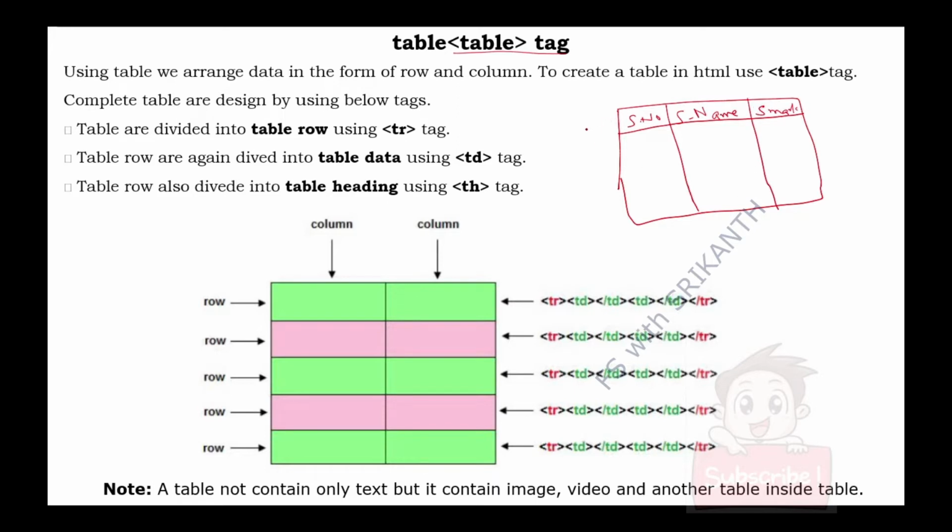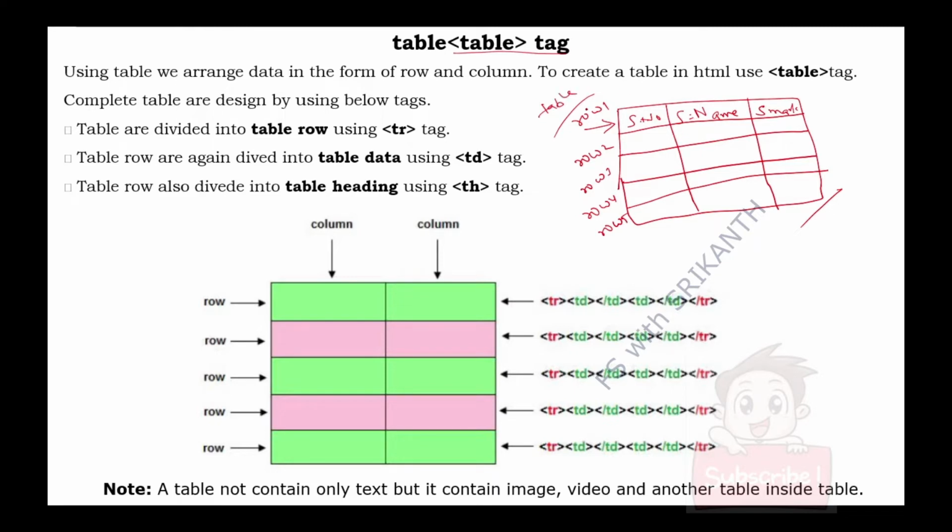And this entire set of columns is nothing but one row. Everyone knows that, right? So this is row 1, and suppose we have row 2, row 3, row 4 and row 5, right? So this entire one is a table.